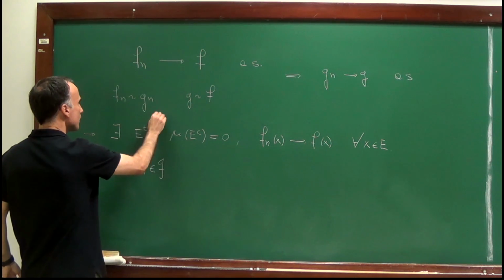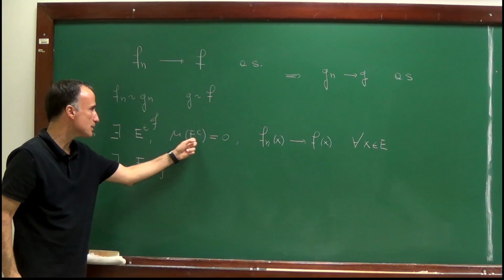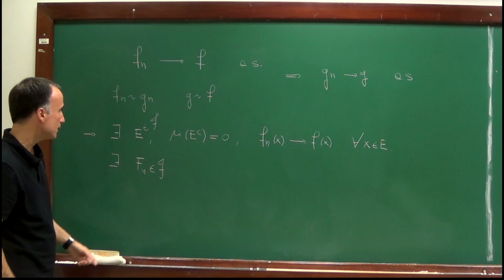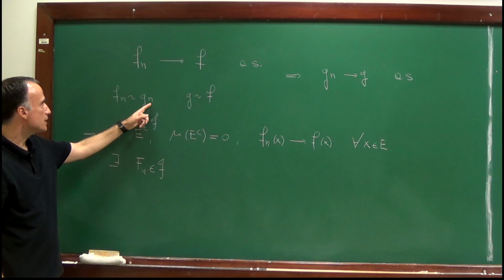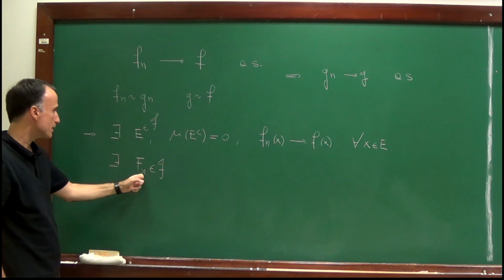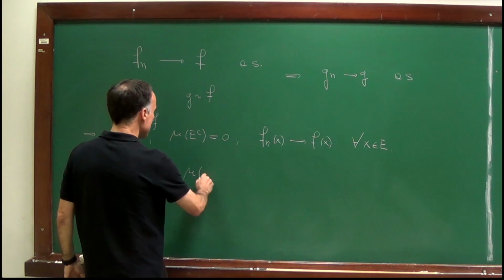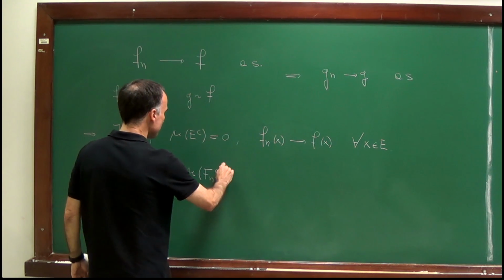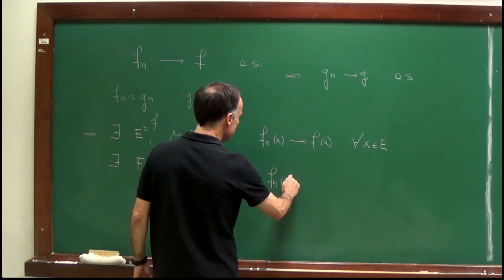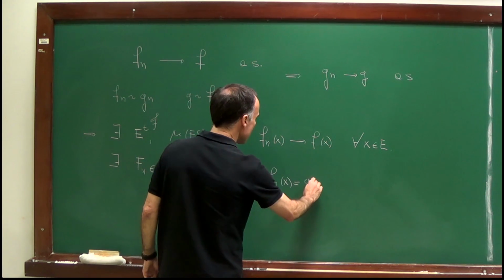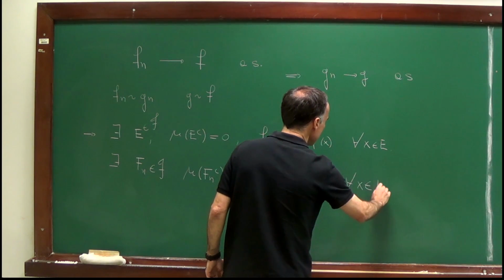Here I forgot to write that E is an element of the sigma algebra so that we can make sense of the measure of the complement of E. So saying that fn is equivalent to gn means that there exists a set Fn in F such that the measure of Fn complement is 0, and such that fn(x) is equal to gn(x) for all x in Fn.